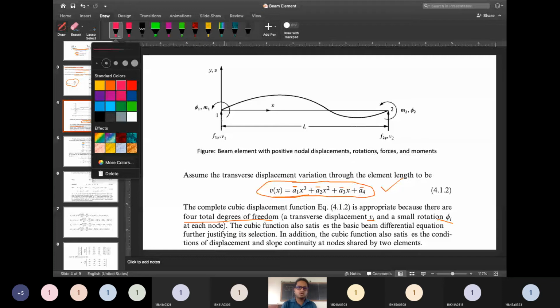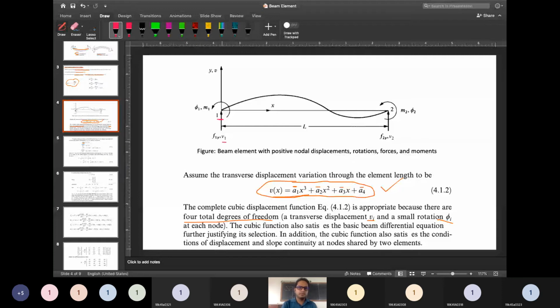X equals to 0 at node number 1. So V will be equal to V1.